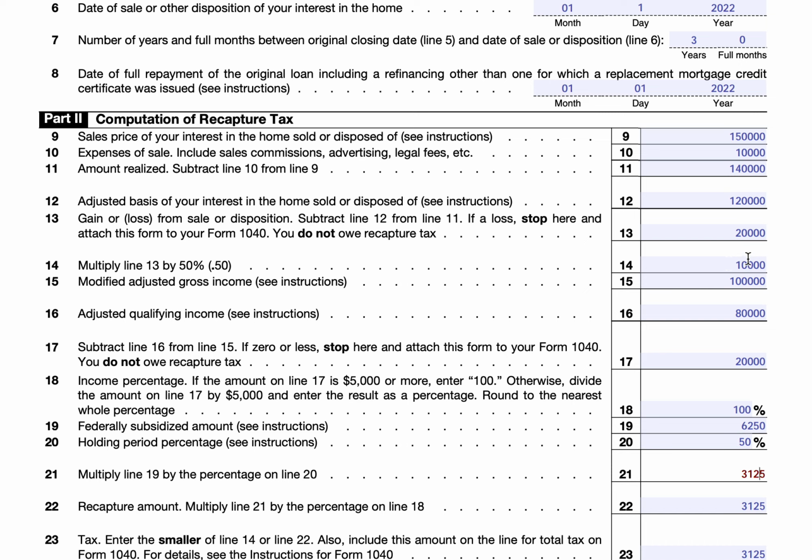If the line 14 amount happens to be smaller than this, like if this was $13,125, then we would be choosing the $10,000 figure up here. As a result, this is $31.25, and you would also include this amount on line 17 of Schedule 2 to report with your Form 1040.